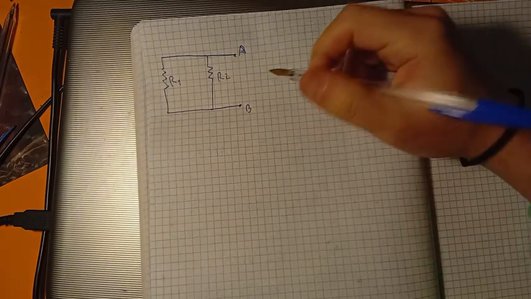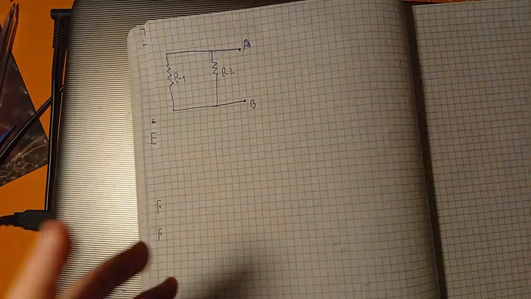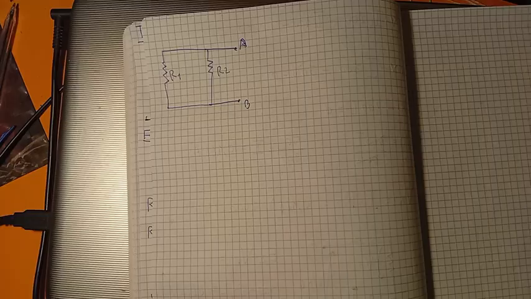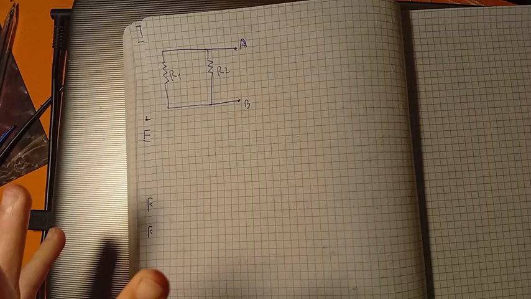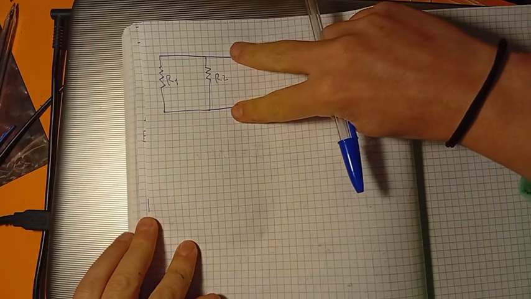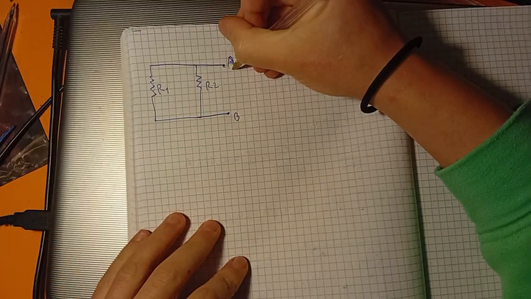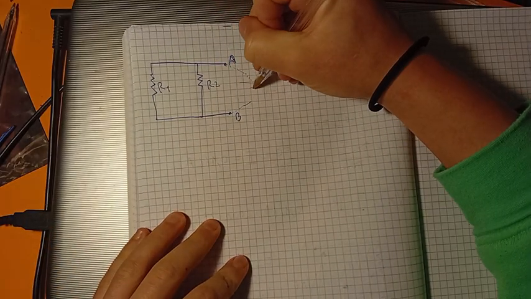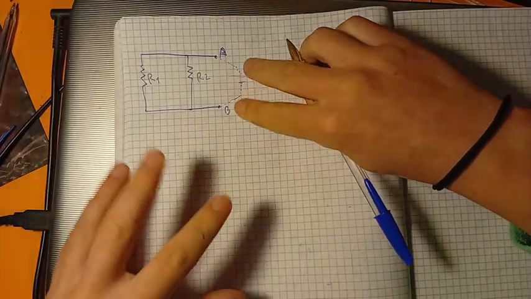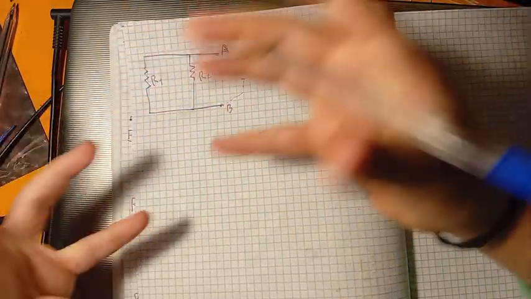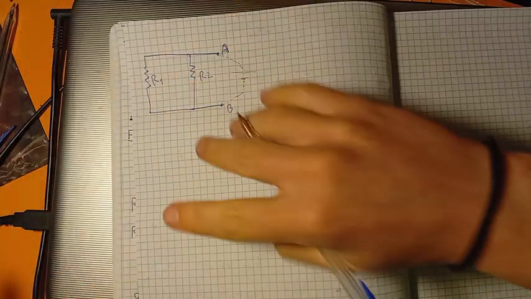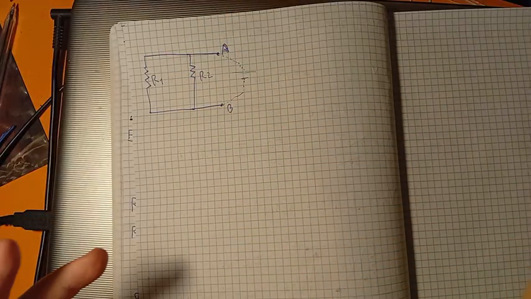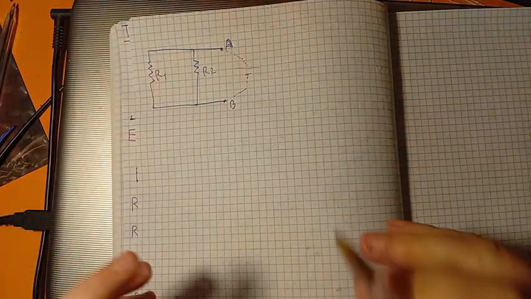Now I can calculate the equivalent resistance, the total resistance, from the point of view of these 2 points. We are just imagining that I have a voltage source here. If I have a voltage source here, how much would the total resistance be? Well, it will just be R1 in parallel with R2.